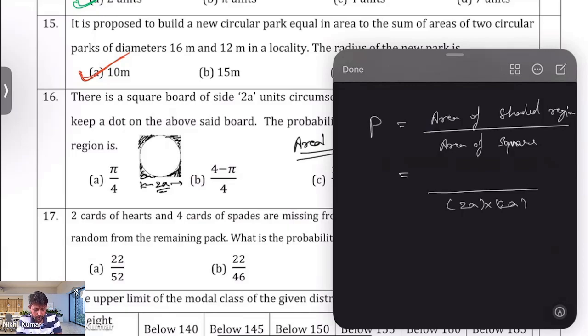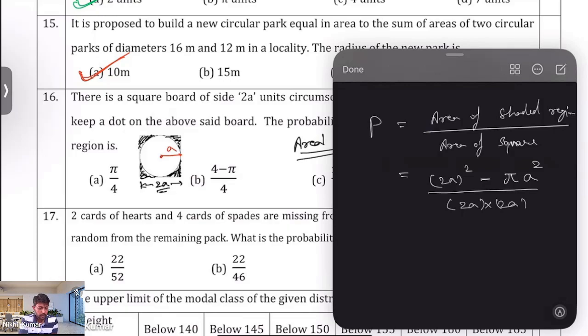Area of the shaded region is equal to 2A's whole square, which is the area of the bigger square, minus the area of the circle. So the area of the circle. Pi, what would be the radius of this circle? Can you think a little? It's going to be A. So pi A square.